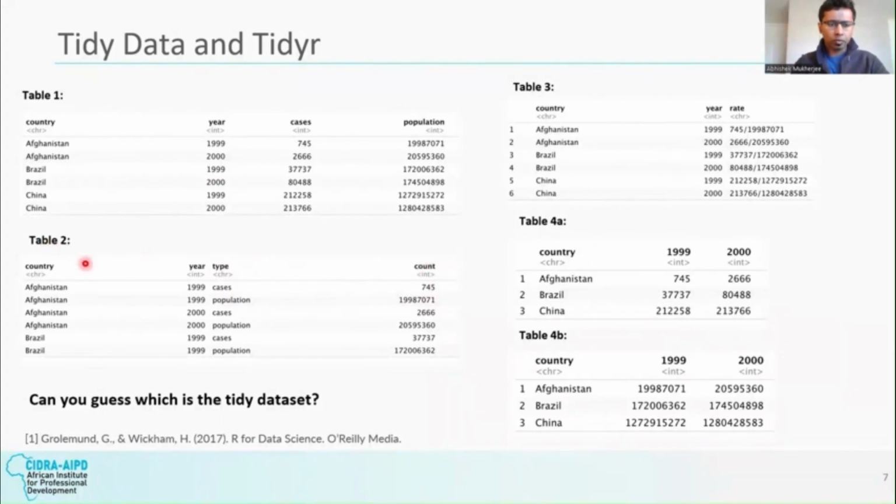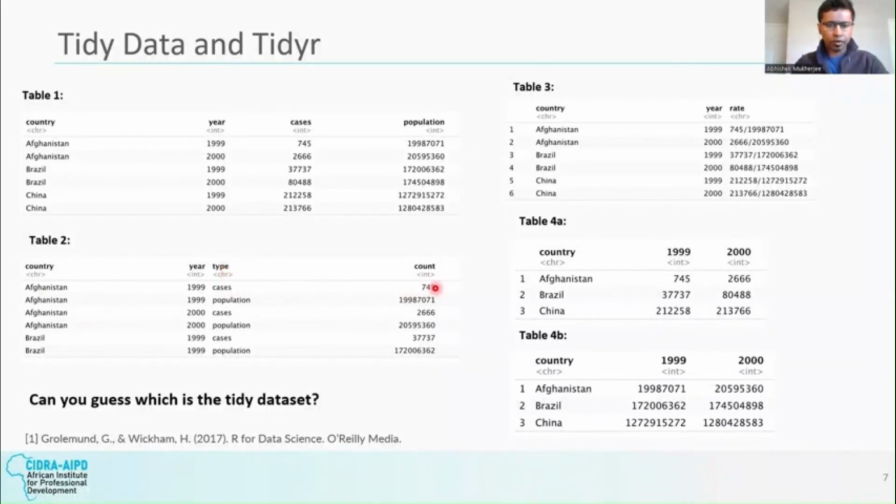So basically, the way we could interpret a particular row in table 2 is, let's say we're looking at the first row. We would say that for country Afghanistan in the year 1999, there were 745 cases, because the count value for that row is 745 and the value in the type column is cases.